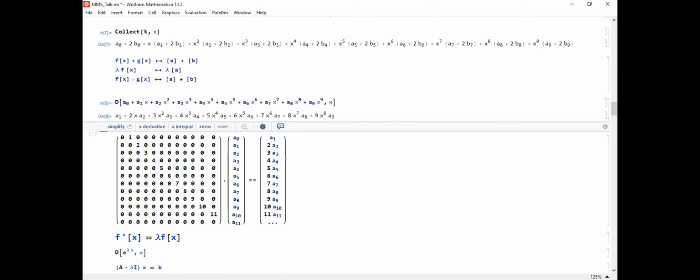So essentially, differentiation is just a matrix. It's an infinite matrix, with an infinite number of columns and rows whose values are all 0, except those on the top diagonal here, whose values are just the integers.